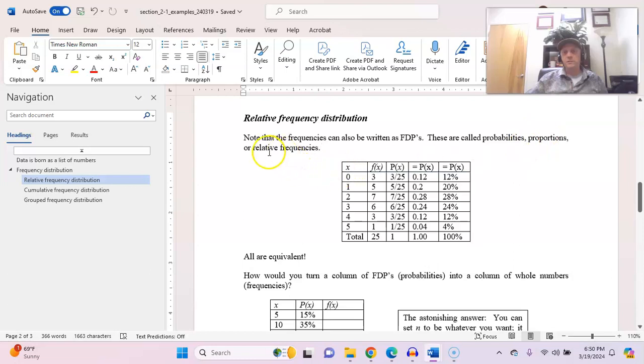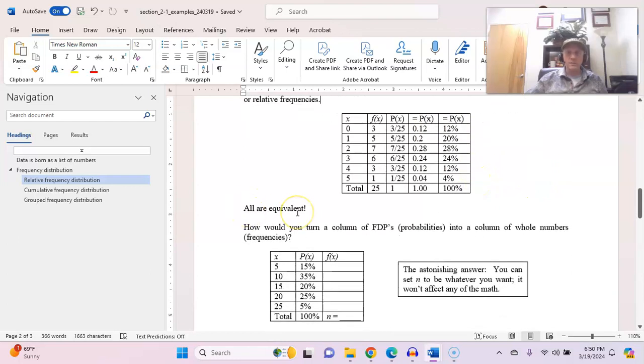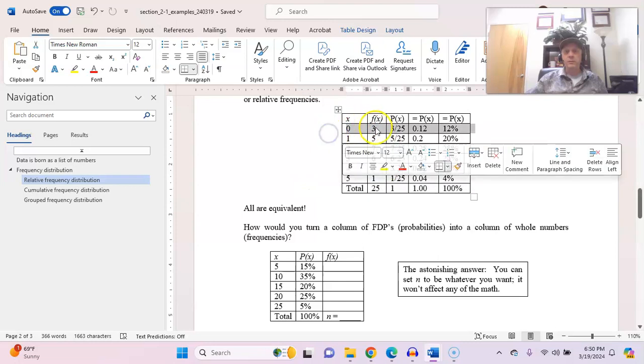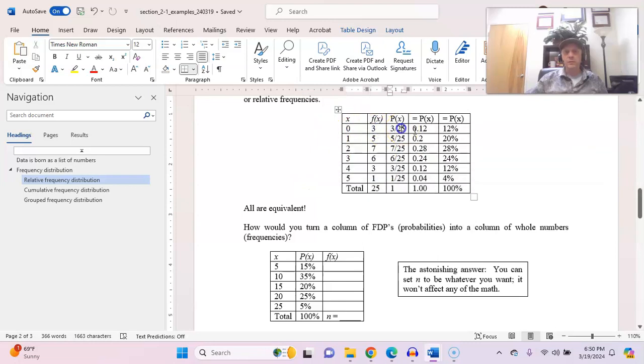And they're also sometimes called relative frequencies. All of these are equivalent. So in other words, as long as I keep this leftmost column, I could pair it with the second column or the third column or the fourth or fifth column or any combination of them that I wanted to. And all these tables are really equivalent to each other.